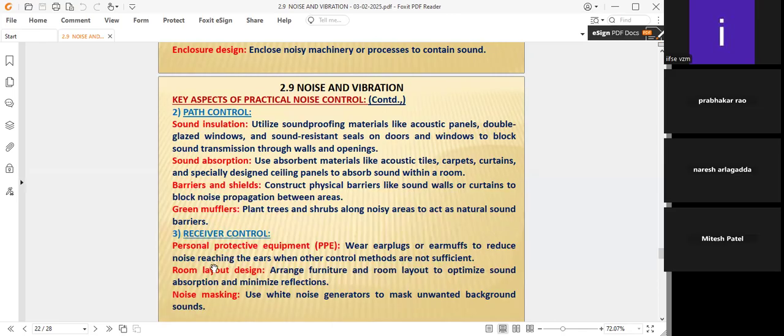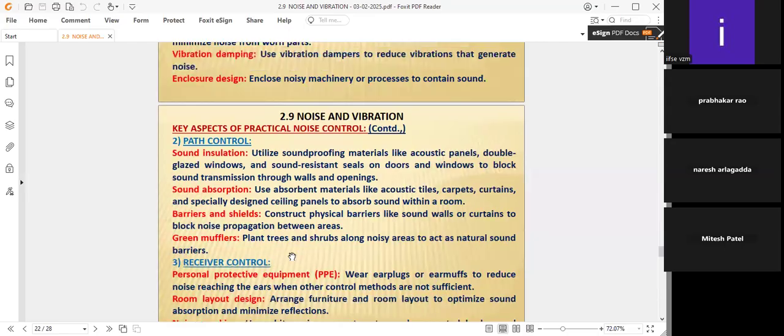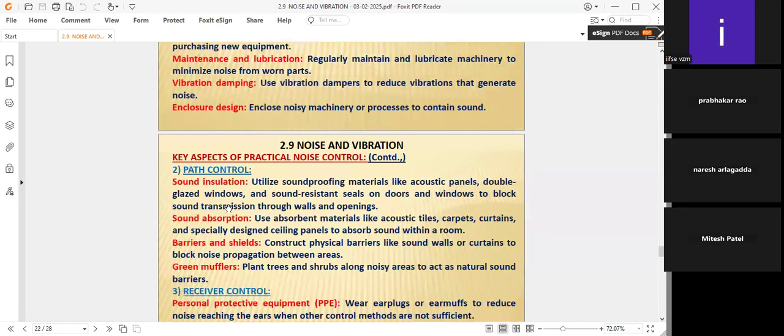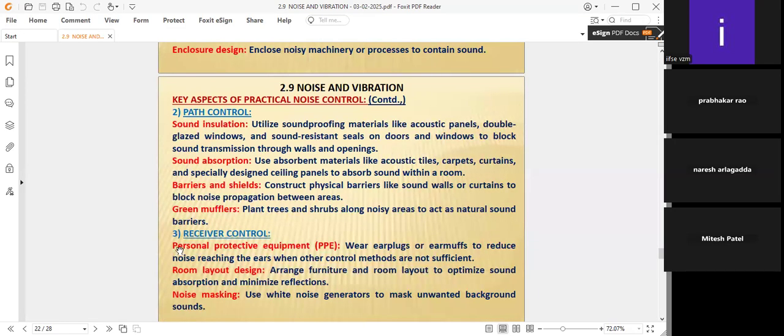Receiver control. From the source through path control to the receiver, receiver controls will be taken care of. Earmuffs, that is personal protective equipment, room layout design, and noise masking are also very important receiver controls.